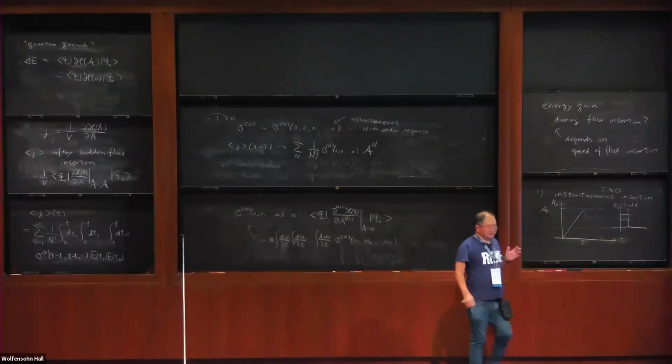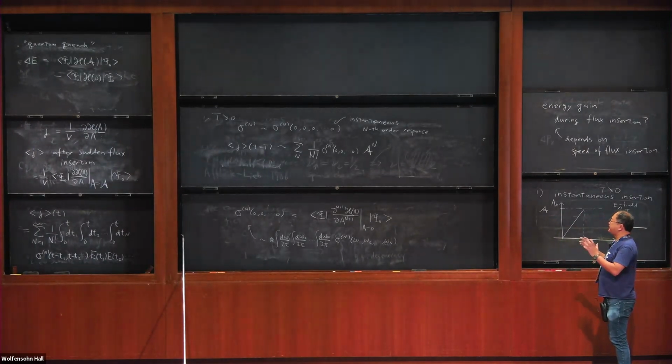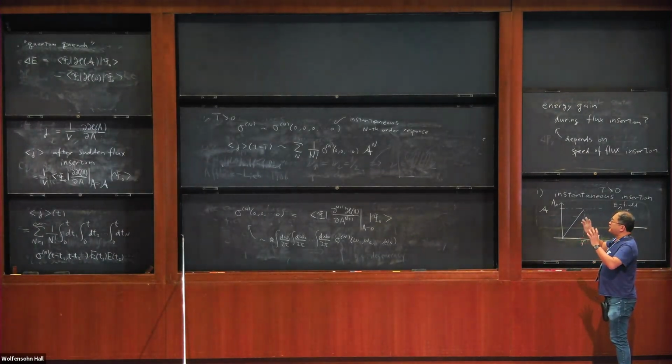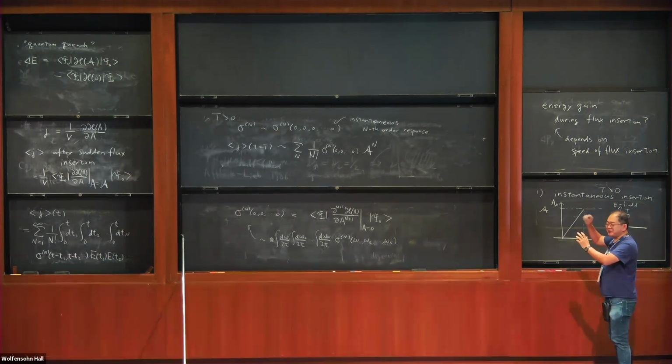Okay, so yeah, that's one of the frequently asked questions. When you insert a flux in a Fermi liquid, changes only occur near the Fermi surface. So you can just count the changes near the Fermi surface. So it's perfectly legal.